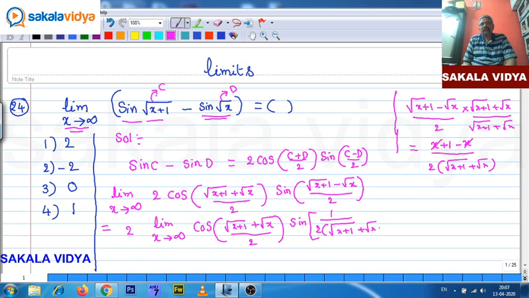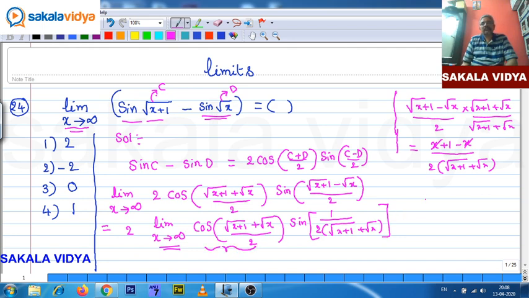Now one interesting factor: as x tends to infinity, root of x plus 1 also tends to infinity, and infinity plus infinity is infinity itself. Infinity is not a real number, whereas for all real values the cos takes a finite value.